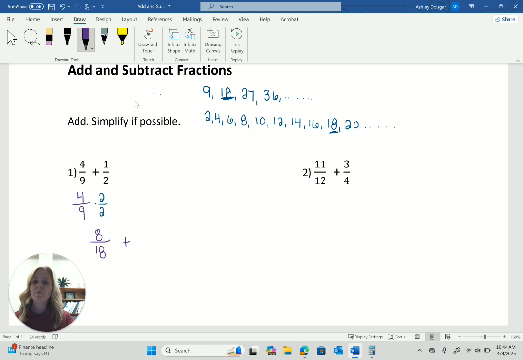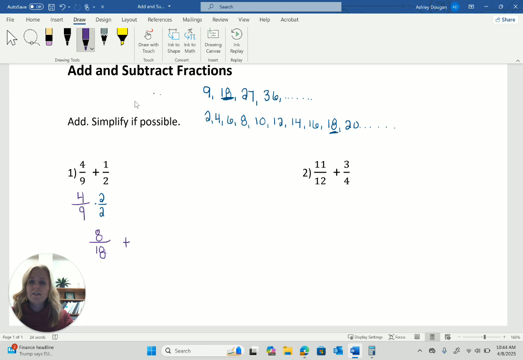If I multiply the bottom by 2, I have to also multiply the top by 2. So I'm multiplying the numerator and the denominator by 2 because that's what gives me 18 as my denominator, which is my goal.